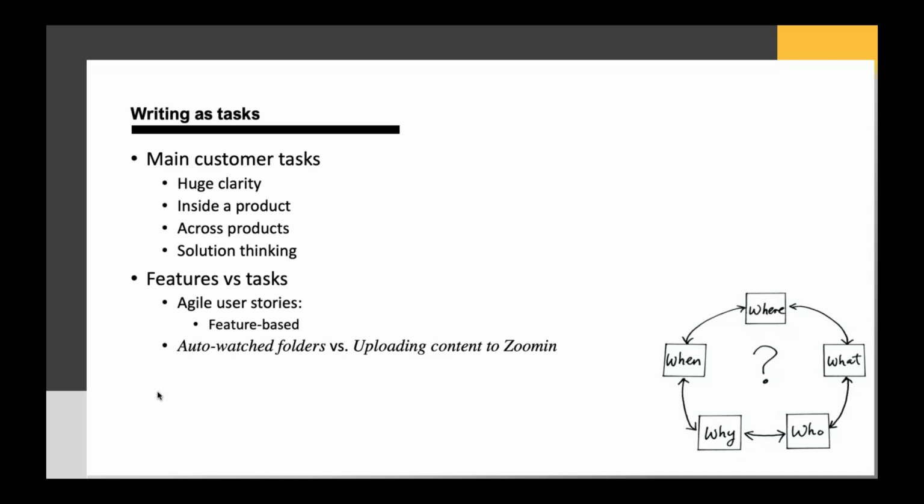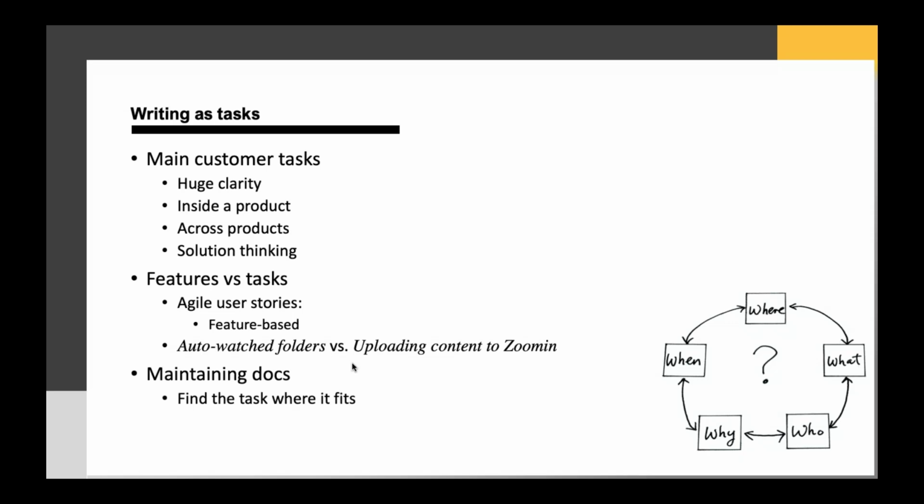And those features tend to get translated to articles. But of course, people aren't thinking about their features, they're thinking about tasks. So the difference between a folder, which is automatically watched, which is a feature, versus uploading content, which is a task that happens to use this feature and several others, you don't want to describe features when you list your product documentation. You want to describe tasks, okay?